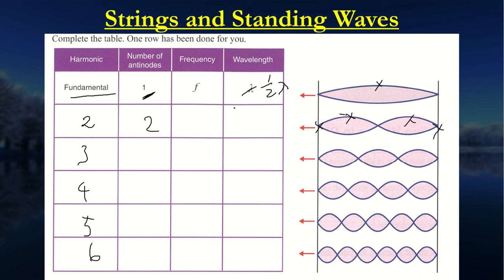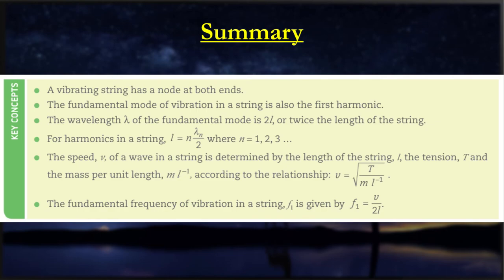In terms of the frequency, we have twice the frequency there. If we look at the wavelength that we generate, that's a full wavelength there. We continue on with the number of antinodes. That's a harmonic of 3, and this one we have is 1.5 wavelengths, so 3/2 wavelengths there. Follow on using the same pattern to fill in this table as homework.